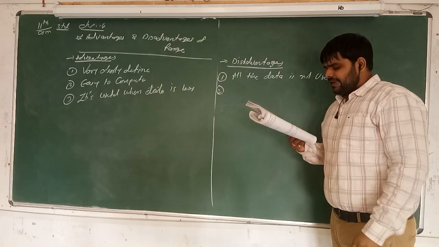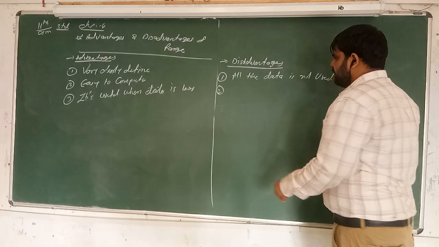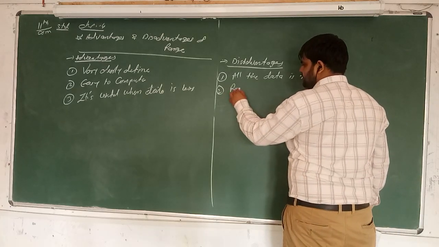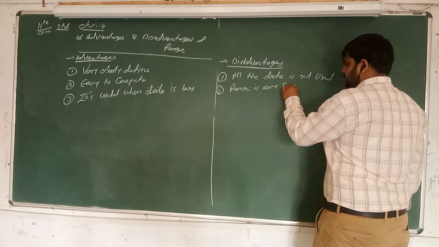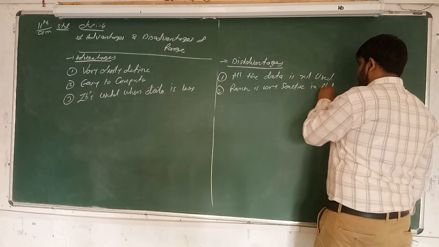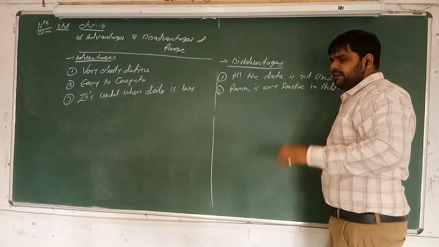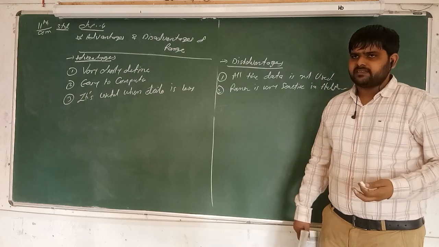Number two, range is very sensitive to sampling fluctuations. When the values fluctuate, range always fluctuates.